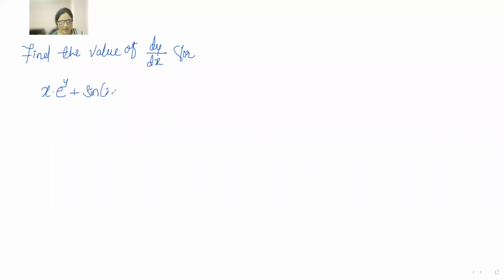So find the value of dy by dx for x into e raised to y plus sine of xy plus y minus log 2 is equal to 0 at (0, log 2).